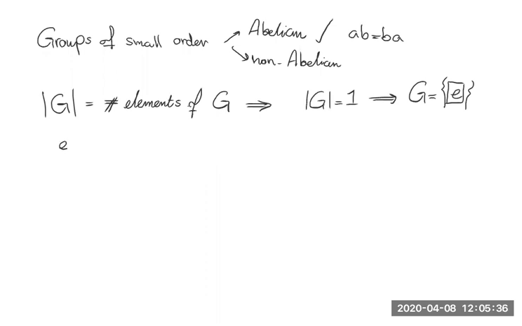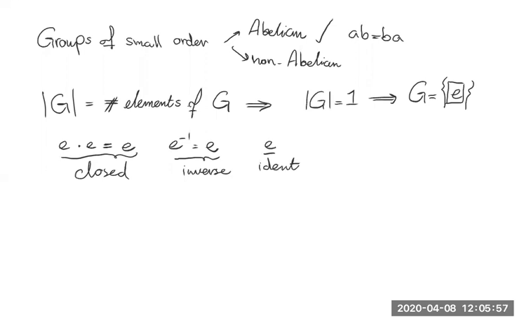And then E times E, we should define the operation, is of course E. And E inverse is E. So it is closed under this multiplication. It has inverse, and of course it has identity. So there is one group with order 1, and that's trivial.